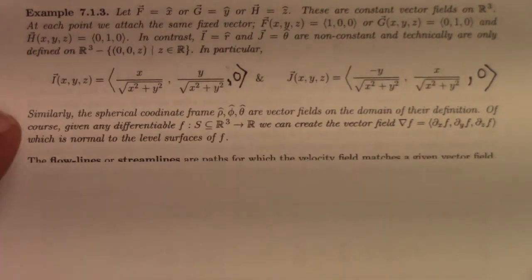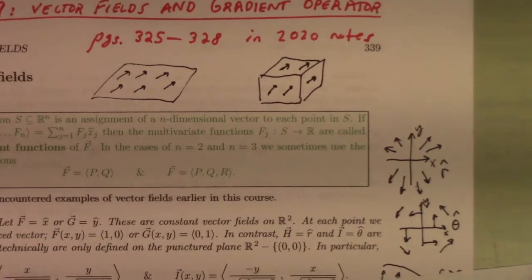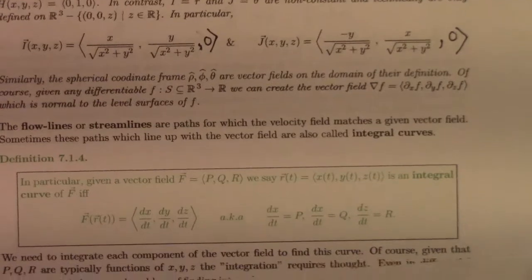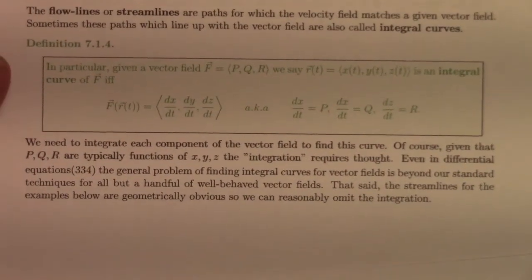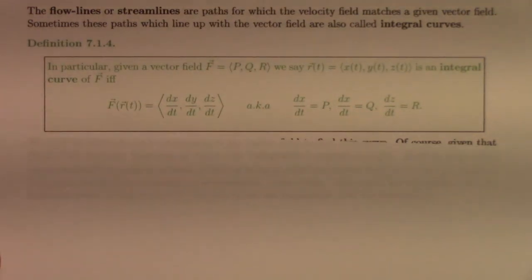So we can keep drawing these pictures like I drew up here, illustrating vector fields by little arrows. But what's much more commonly done in physics and also in mathematics is to visualize vector fields in terms of their flow lines or streamlines. They're also known as integral curves.